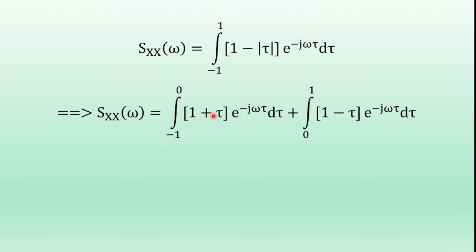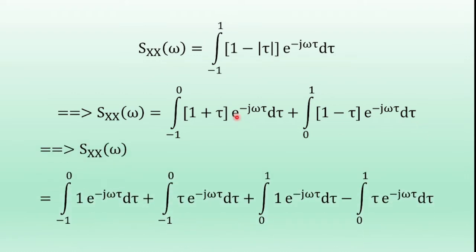So 1 minus of minus tau is 1 plus tau, into e power minus j omega tau d tau, plus the integral from 0 to 1, which means tau greater than 0, where mod tau is equal to tau. So that is 1 minus tau into e power minus j omega tau d tau.